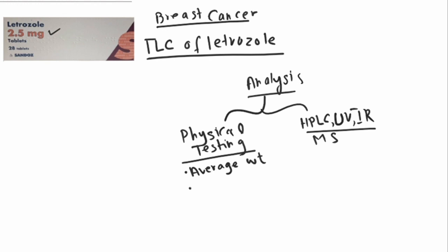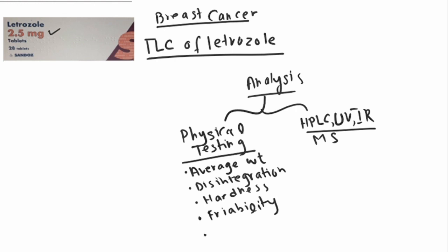We are focusing on their disintegration, the time taken to disintegrate. We are focused on their hardness. Sometimes we also check the friability, and most of the time uniformity of mass.